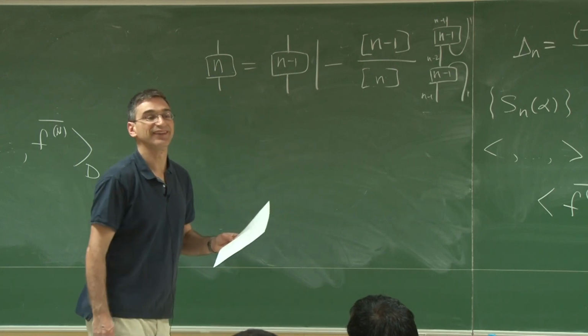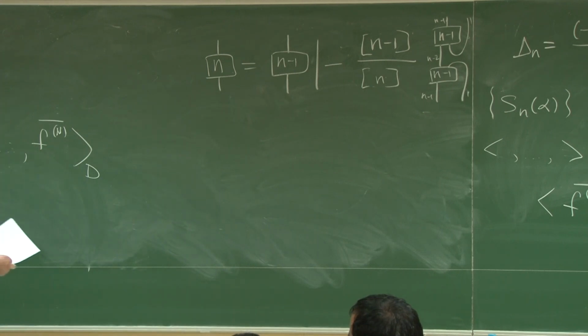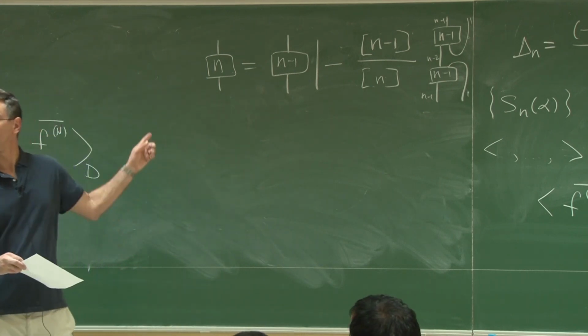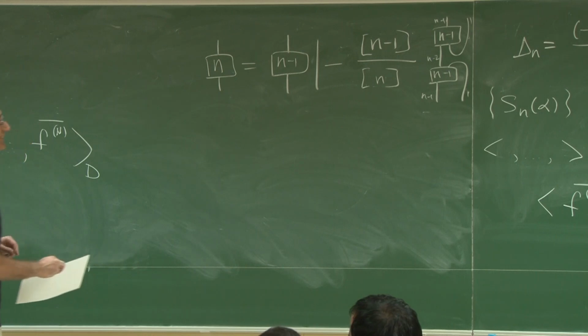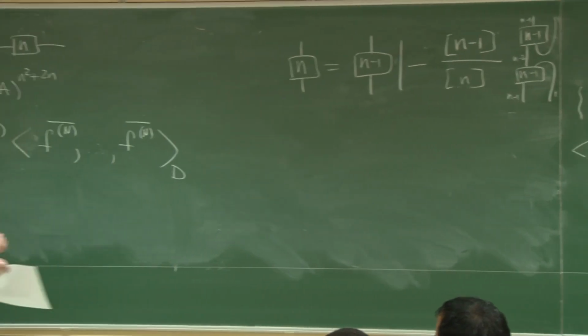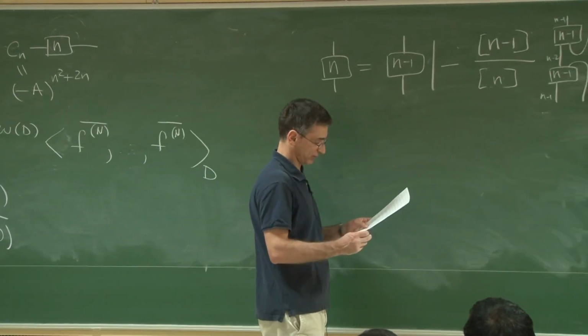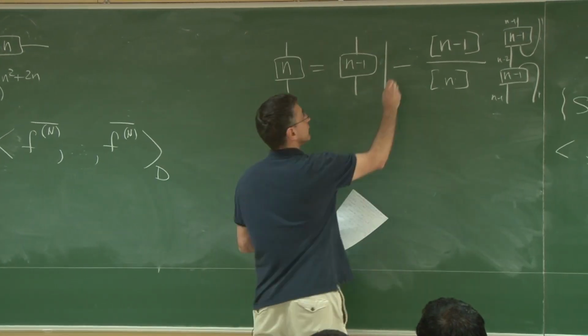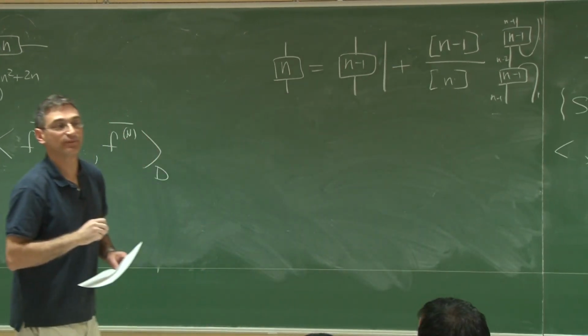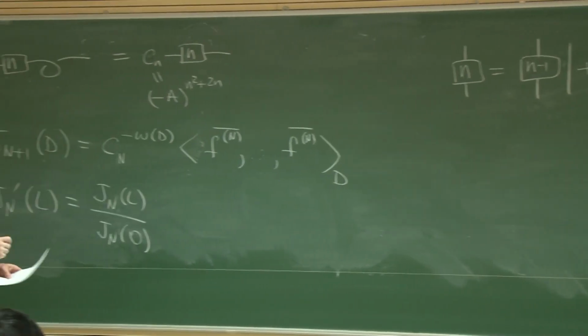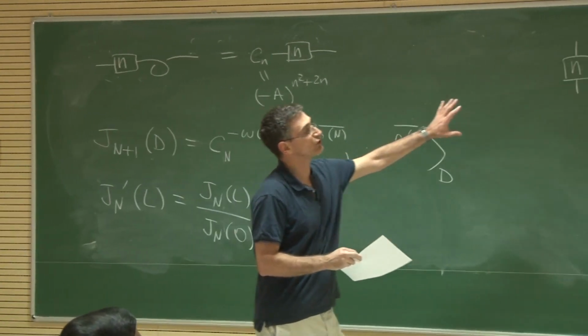Please check. But I believe this is correct. Satoshi, is this right? Oh, plus? Okay, this is plus. Thank you. I love this audience. Great. Anyway, this is the recursion formula.